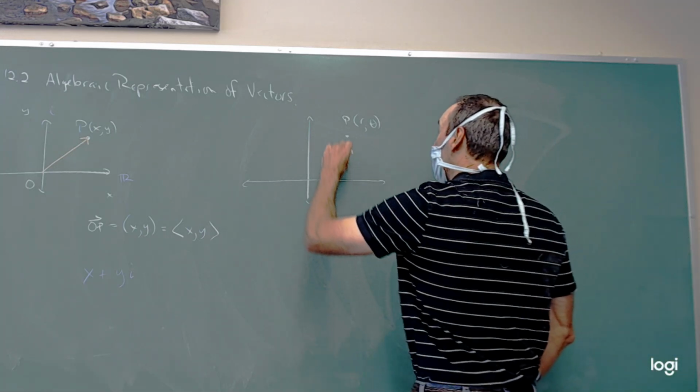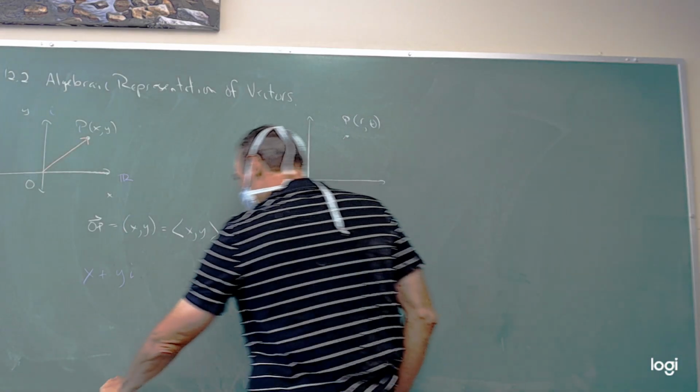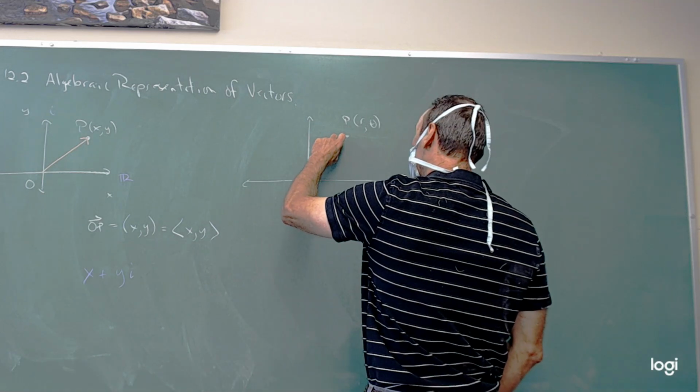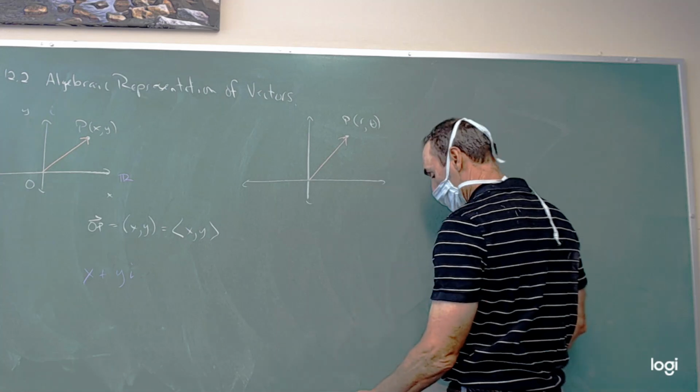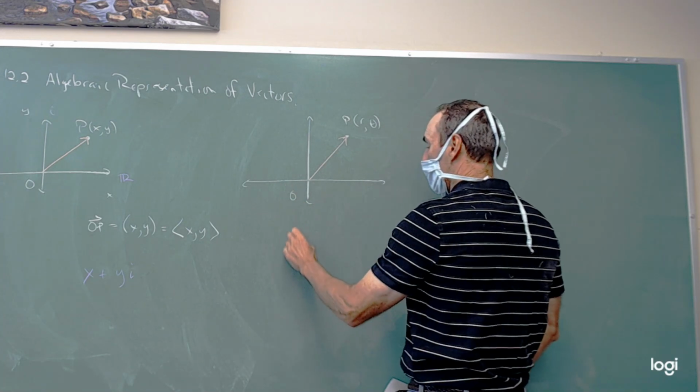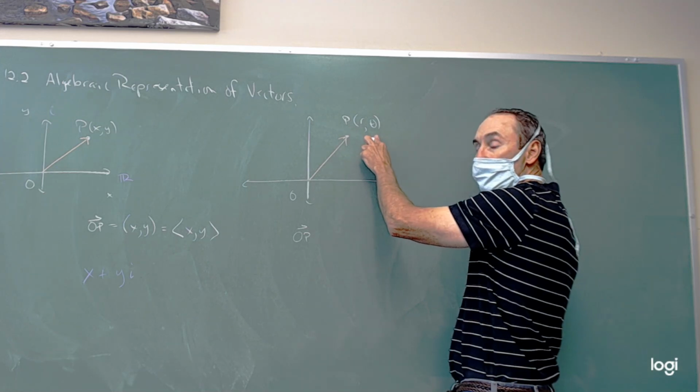We can think of it as being also a vector, again, in polars. And so as a vector, and let me call this O again, here's our point, r comma theta.